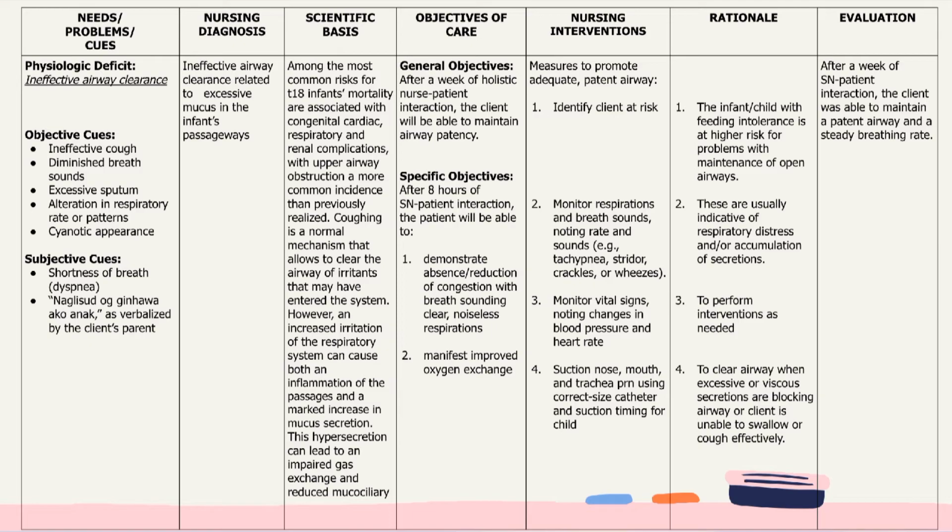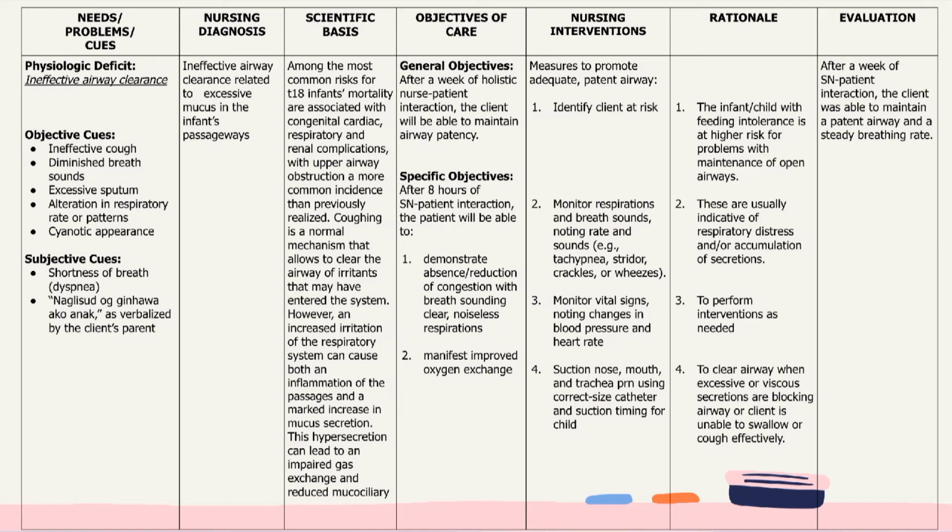Scientific basis for the nursing diagnosis is that among the most common risks for trisomy 18 infants' mortality are those associated with congenital cardiac, respiratory, and renal complications, with upper airway obstruction a more common incidence than previously realized. Coughing is a normal mechanism that clears the airway of irritants that may have entered the system.